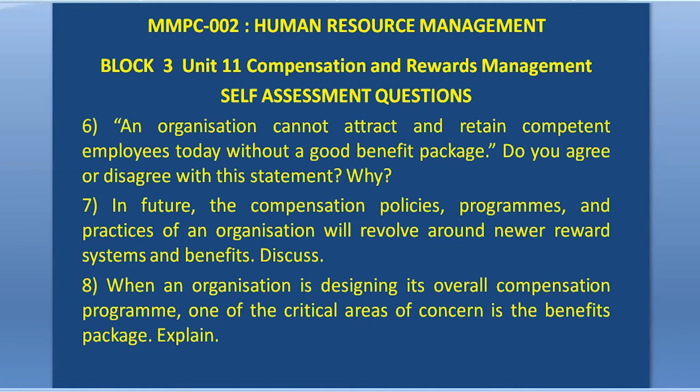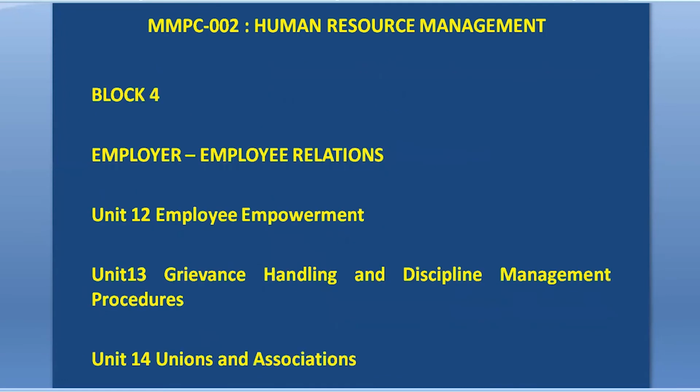Then when we go to the last block, employer-employee relations, we have Unit 12, employee empowerment, Unit 13, grievance handling and discipline management procedures, and Unit 14, unions and associations.